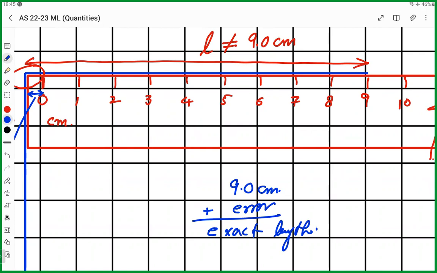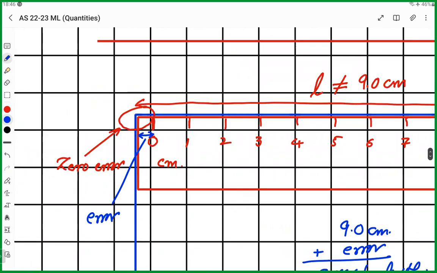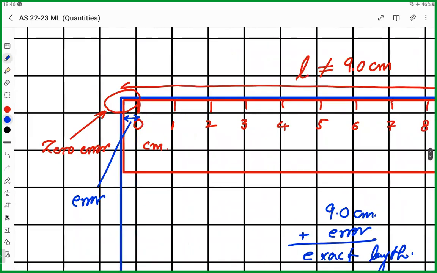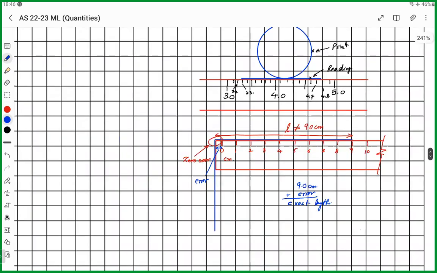So you should not go back and measure every length again. What you can do is you can see all that data, you can find out the error, and then you can fix that error by simply adding or subtracting from the value that you have measured. So systematic errors can be fixed by simple adding and subtracting.